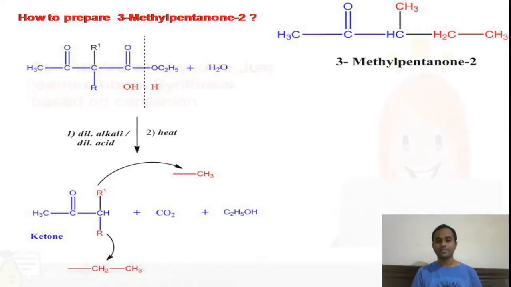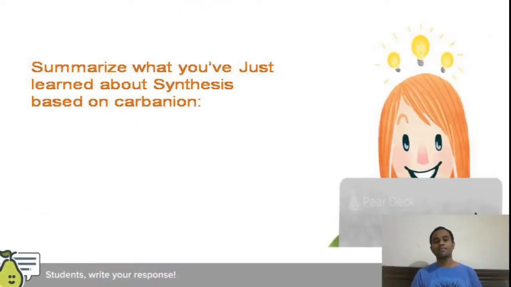Okay, next we summarize what we have just learned about synthesis based on carbanions. Especially in this session, we have covered the synthetic applications of acetoacetic ester, an example of an active methylene compound having an active methylene group flanked on both sides by two withdrawing groups. One is the ketone group, the other is the ester group.